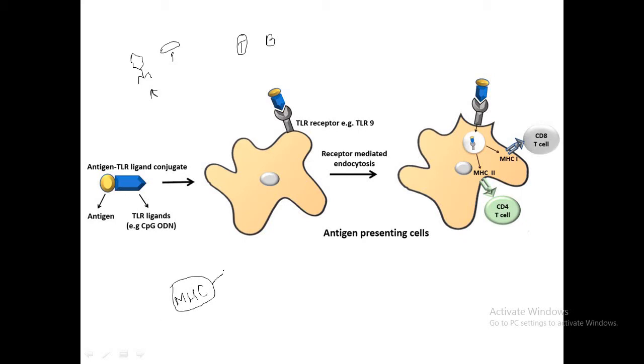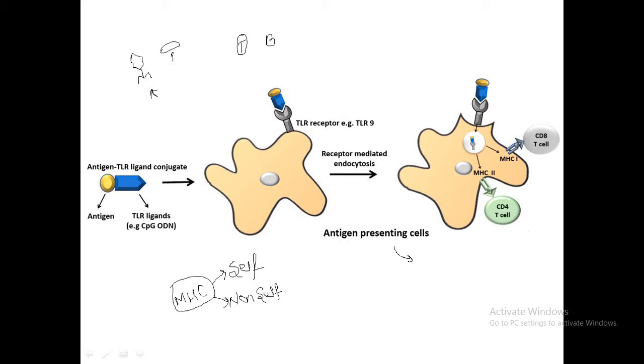So MHC has the ability to distinguish between self and non-self. Our body chooses this particular system, the MHC, to bind with this antigen and then come over the cell surface of the antigen presenting cell, which can be a macrophage, dendritic cell, or B cell.